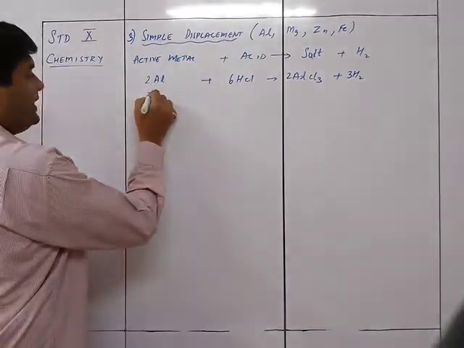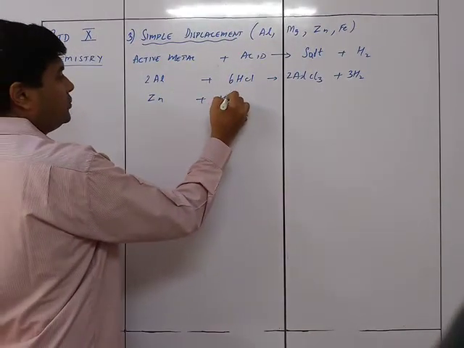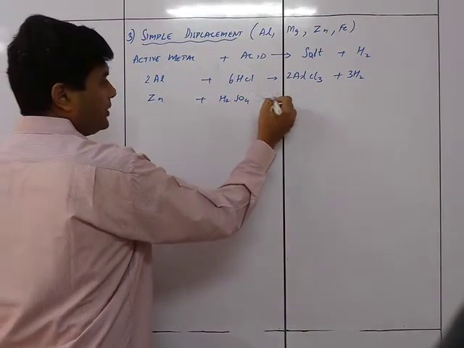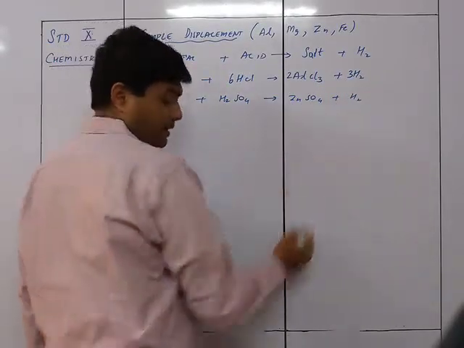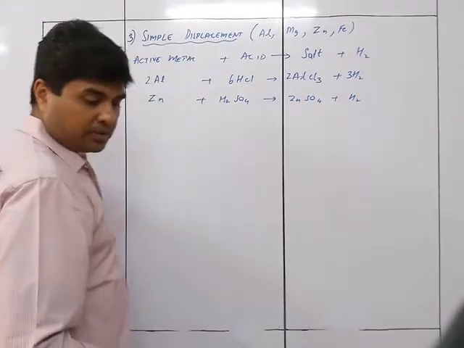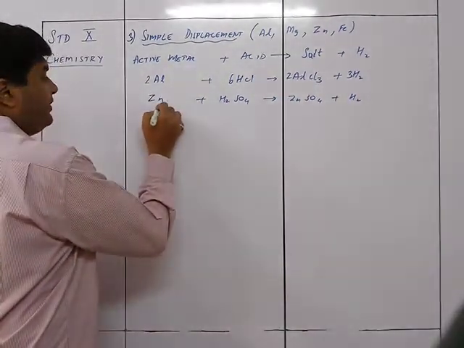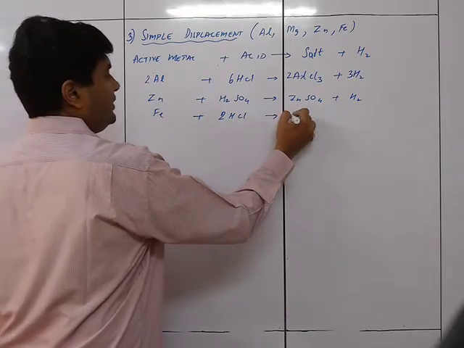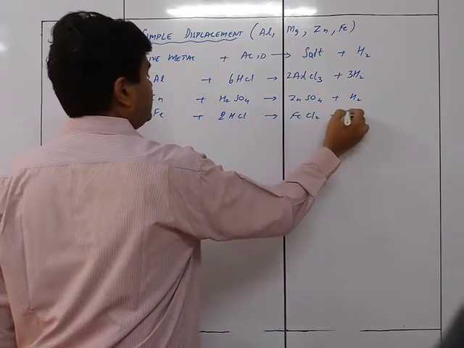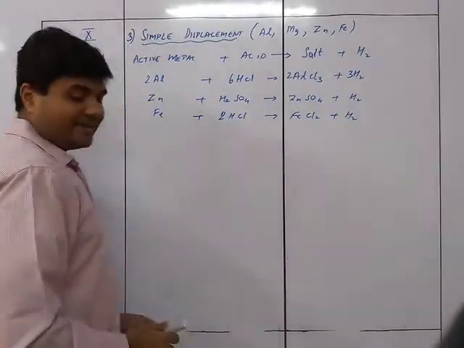We have Zn plus H2SO4 will give me ZnSO4 plus H2. We can have another one, which is Fe plus 2HCl giving me FeCl2 plus H2. So these are the examples.